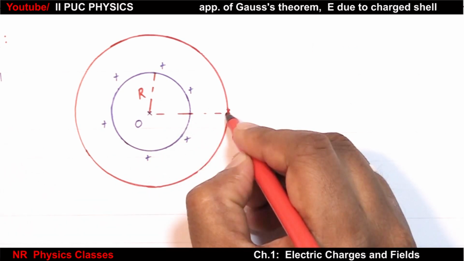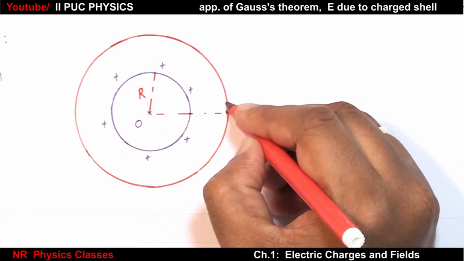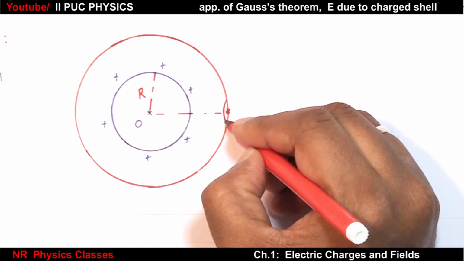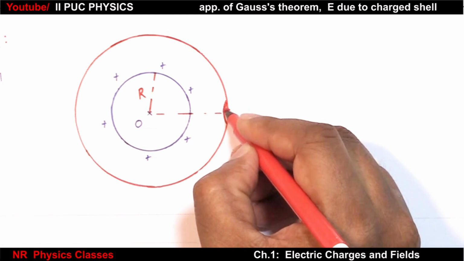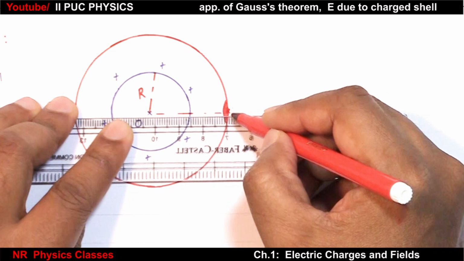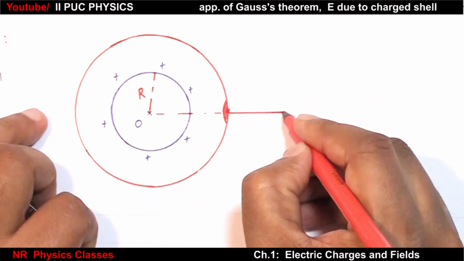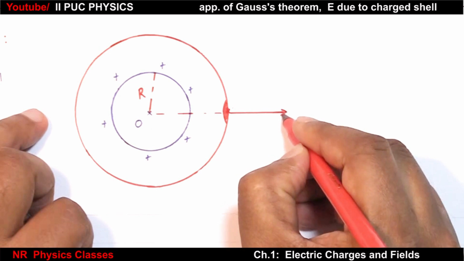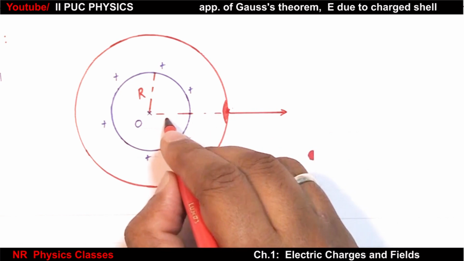Area vector is drawn at this point. A point has no area, that is why we have to consider a small region which is almost flat. For this small region, this is the area vector. We know that the area vector should be perpendicular to the sphere, along the radius.